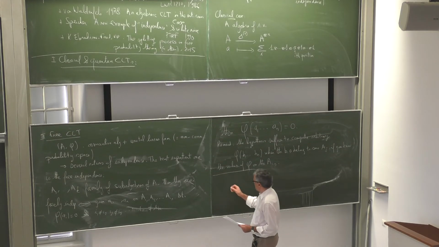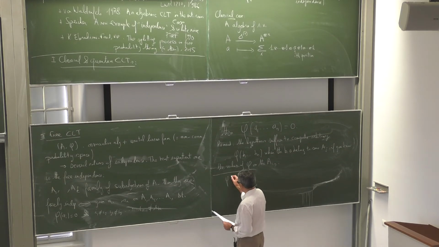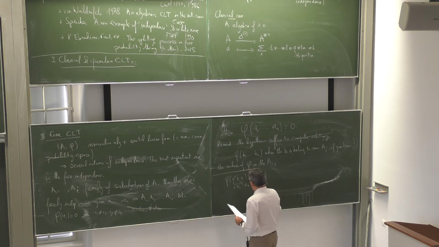So, for example, if you compute phi of A square B, where A square belongs to A1 and B to A2, you will get what you expect, phi of A square times phi of B.